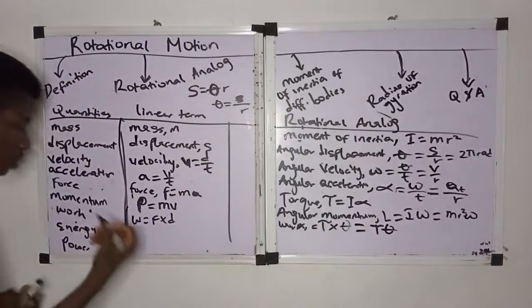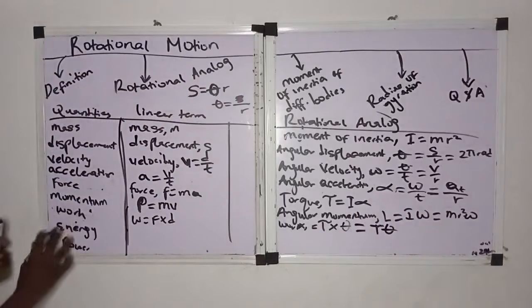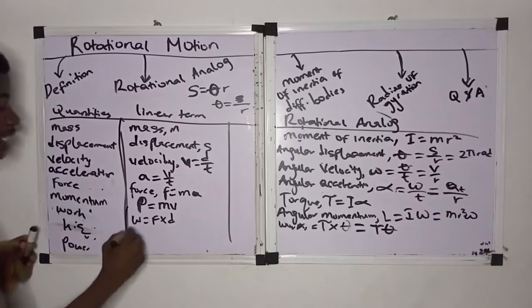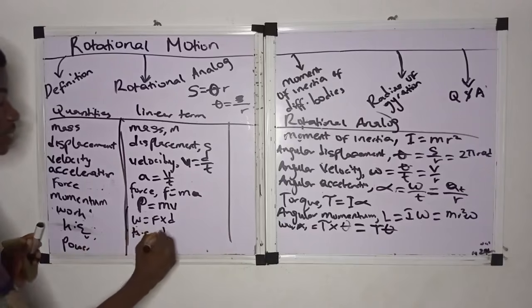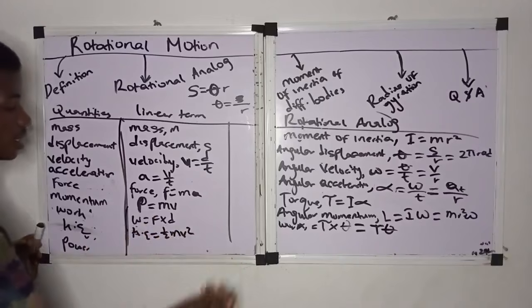Now the energy. Let me use kinetic energy specifically. Kinetic energy in linear terms is half m v squared.